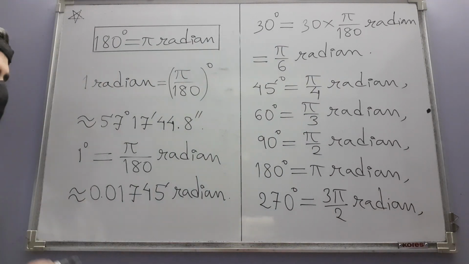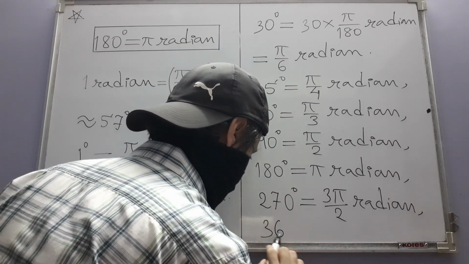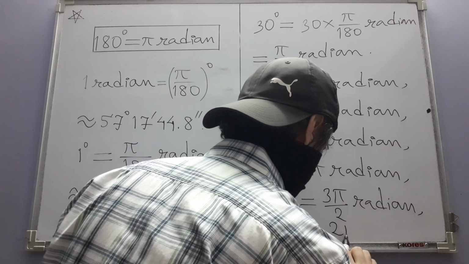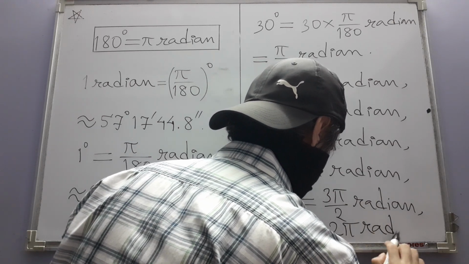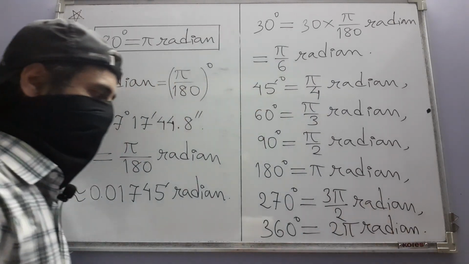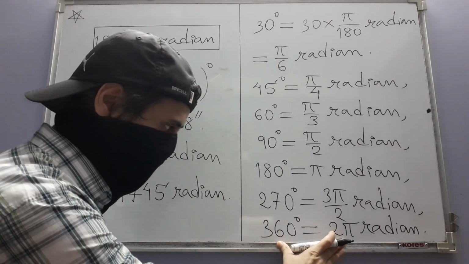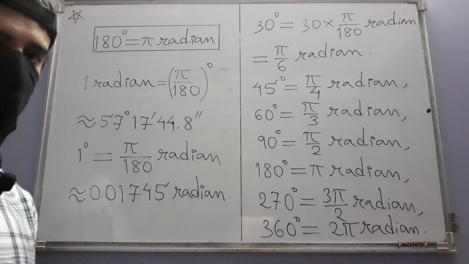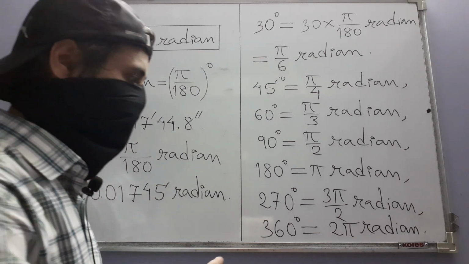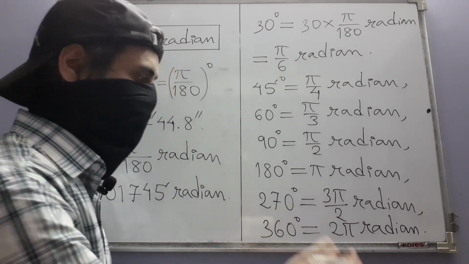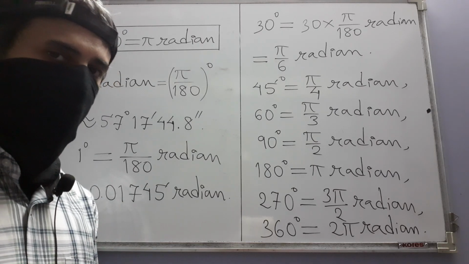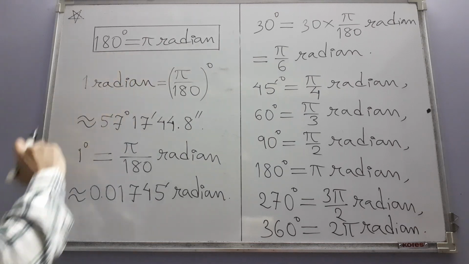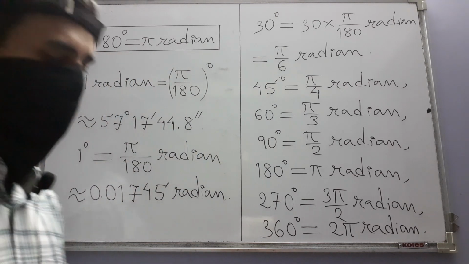And then there is one more, the complete revolution, 360 degrees, that is equal to 2 pi radian. Recall that actually this is what we found first, that 360 is equivalent to a complete revolution, a full rotation, and in radian measure that is the same as 2 pi radian. From this relation only we got this relation, and from there we are getting everything else.